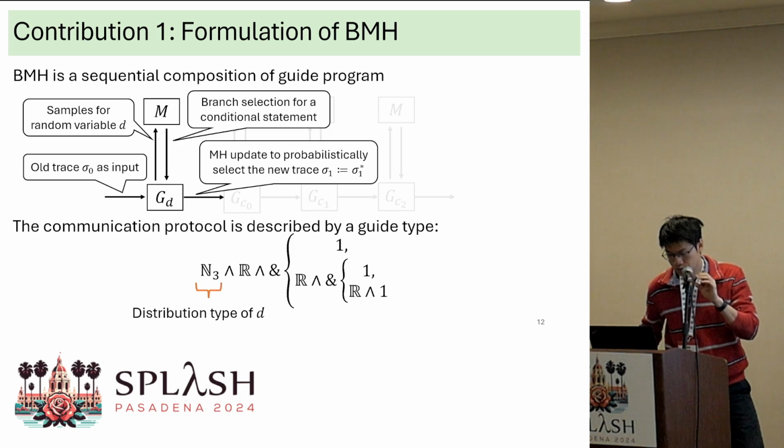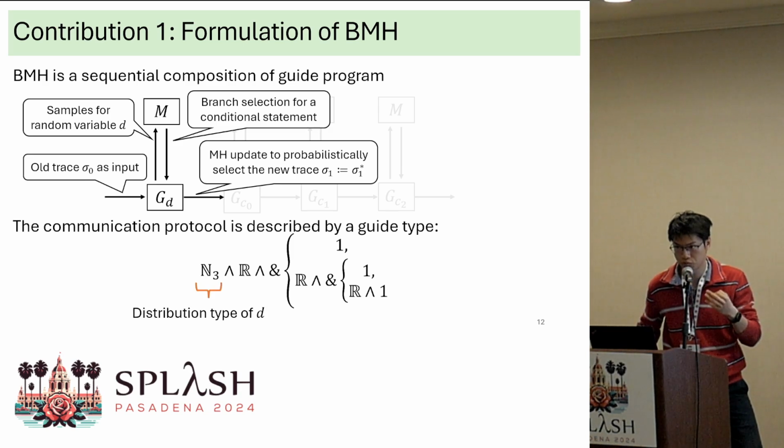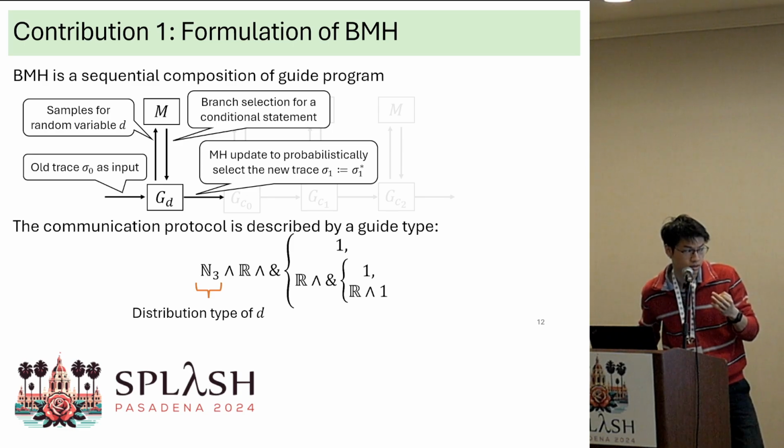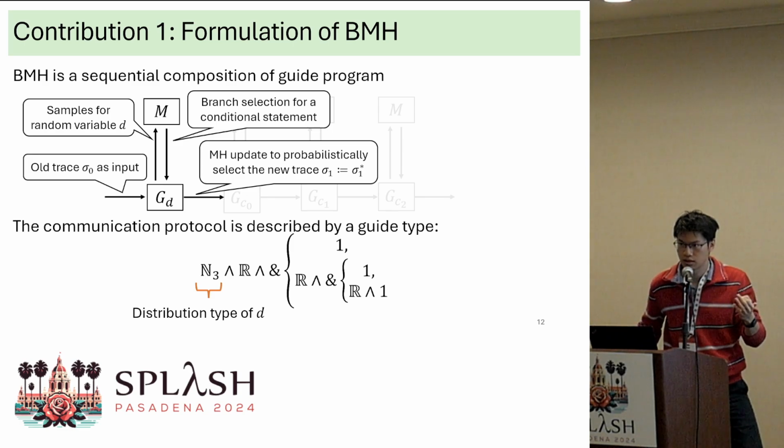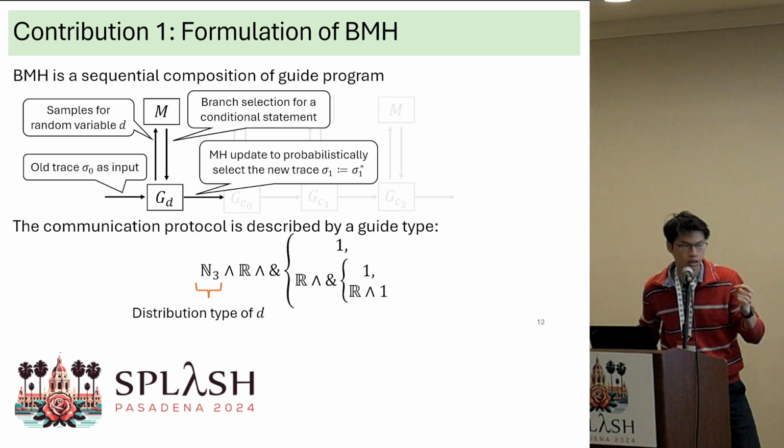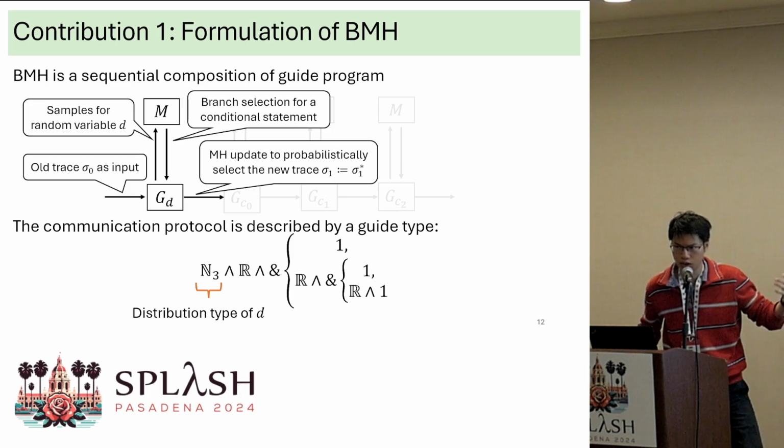So here N3, which denotes the distribution type of the random variable D, captures the support of the distribution from which we draw a sample for this random variable. Because the polynomial degree was generated from a categorical distribution with 3 buckets, the corresponding distribution type is N3, where the subscript 3 means that we have 3 buckets in the categorical distribution.